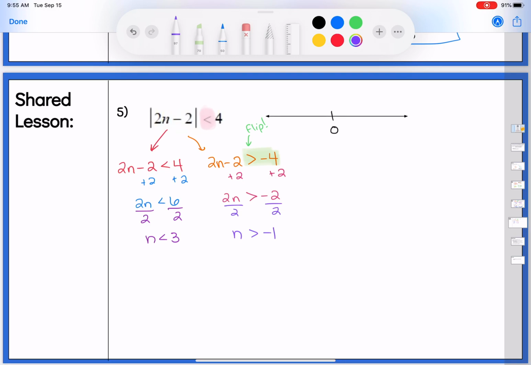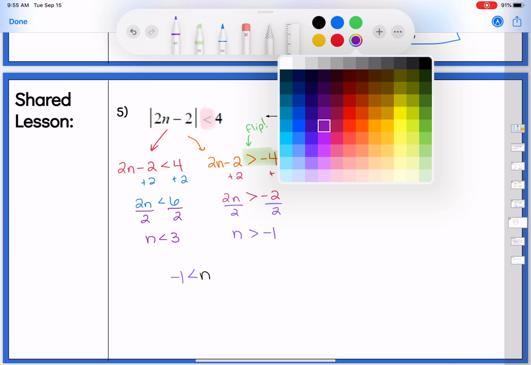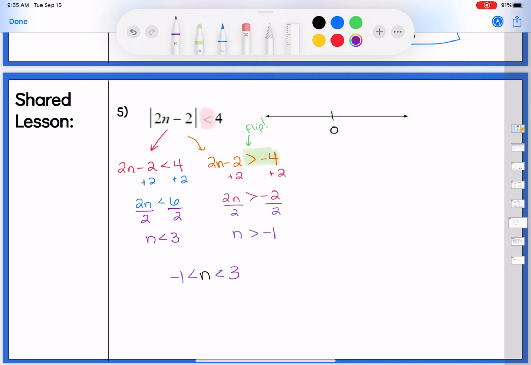And remember that this is an and inequality, so I need to make sure that I write that compound inequality all together. So here's n in the middle. It needs to be greater than negative 1, and it needs to be less than 3. And now I'm going to actually make my graph. I didn't have to use it to set it up this time. Hopefully you're getting more comfortable without having the graph to set it up.